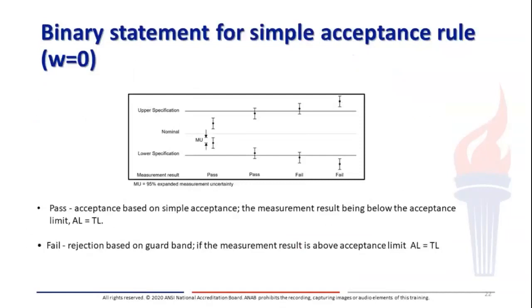Okay, so let's look at the question from this standpoint here. Maybe these middle two, it's showing us that we possibly pass according to the specification, or we possibly fail according to the specification. But once we start extending the uncertainty, there's that probability that we're falsely accepting or falsely rejecting that measurement.